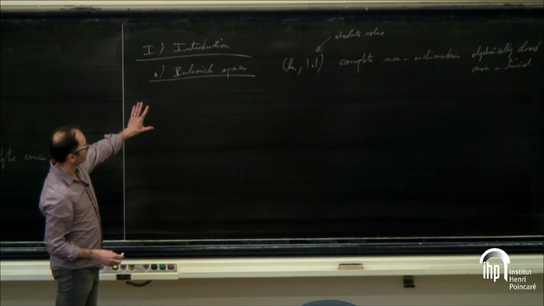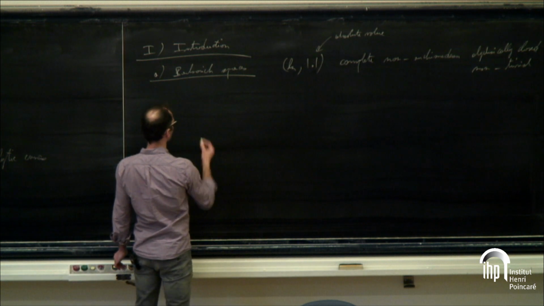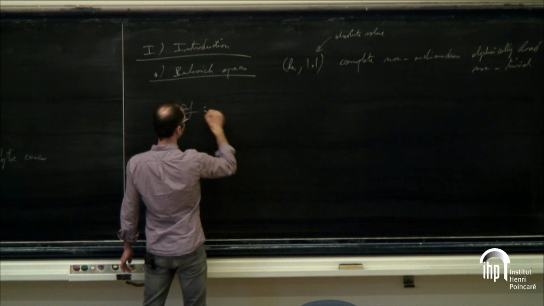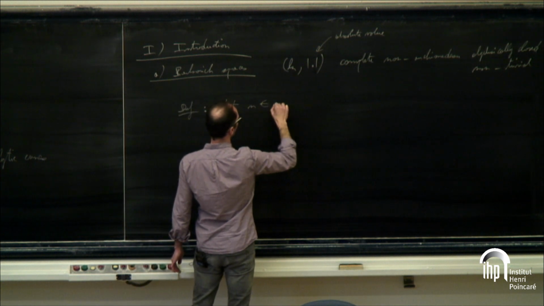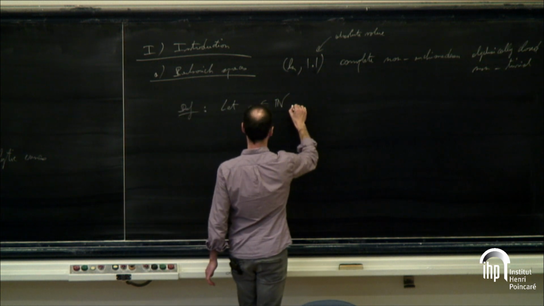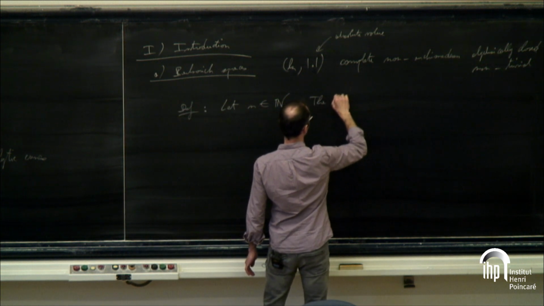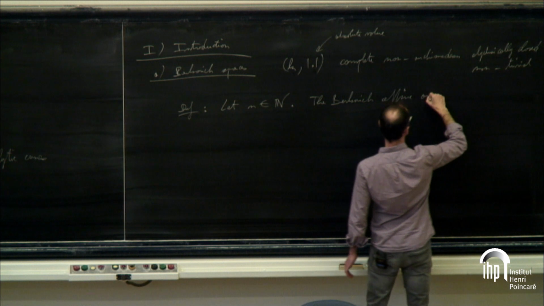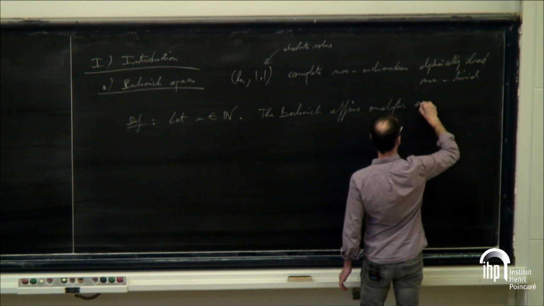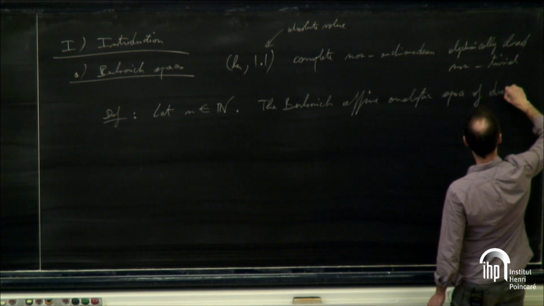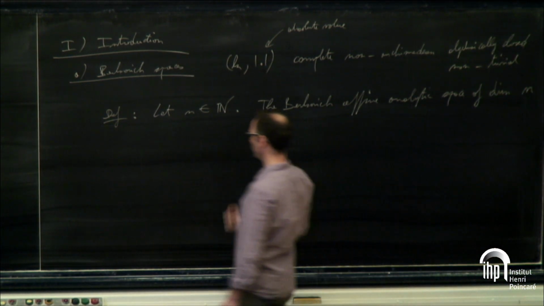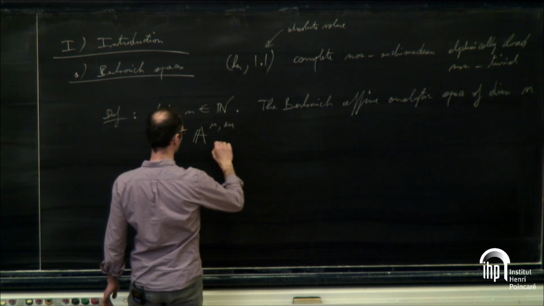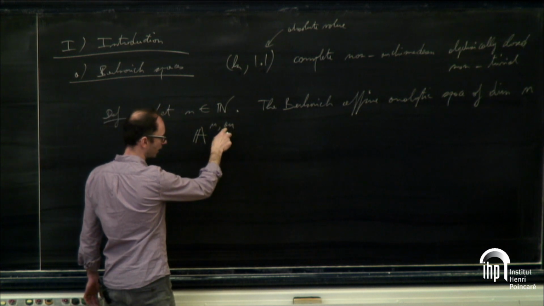Well, now what is the definition of the affine space? Let n be some non-negative integer. The Berkovich affine analytic space of dimension n, I will denote it like this. The notation is Berkovich notation, of course: A^n, and here analytic.